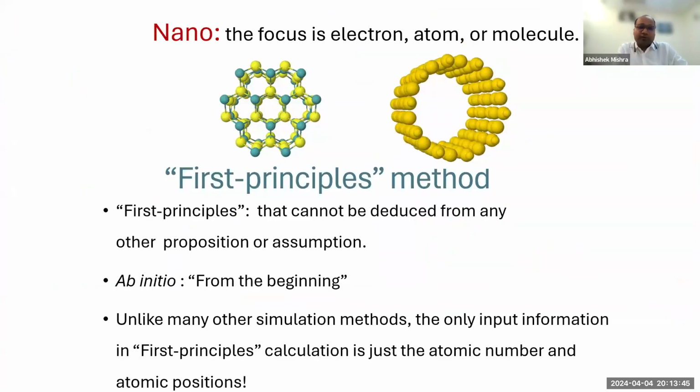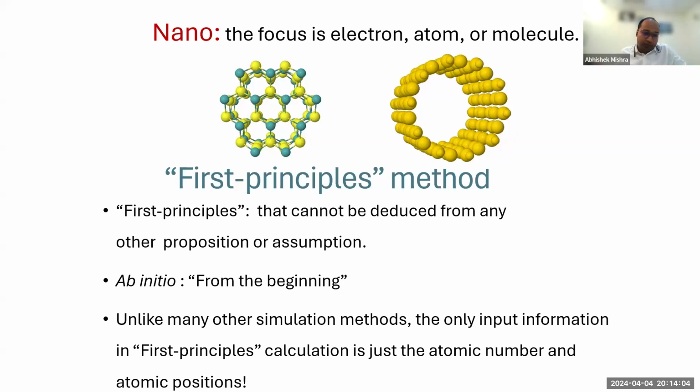We will be focusing, as I said, on the first principles. First principles are very strong methods, and the advantage here, the beauty here, is that they are not deduced from any other assumption or experiments, as the name says. So we start from the beginning.